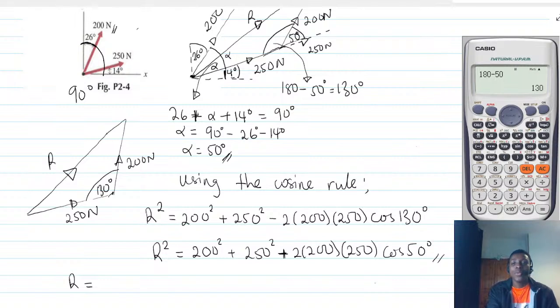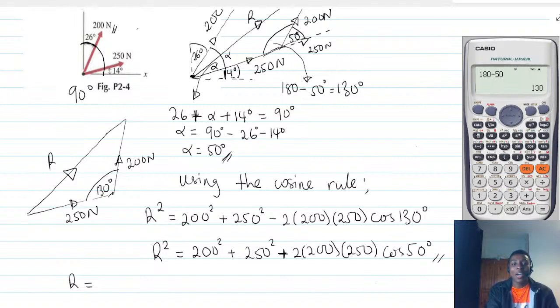So basically, we are using the parallelogram law, and then we are using the cosine rule. Please, any question up to this point?